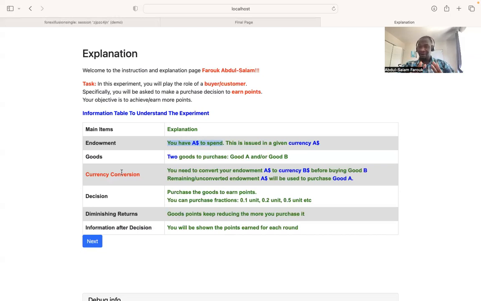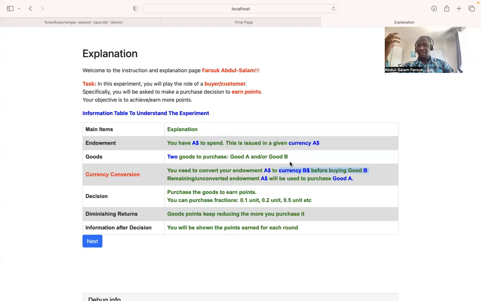Unlike the previous experiment, with this current experiment, before you purchase good B, you would have to convert your original currency, which has been issued to you in currency A, to currency B. So before you buy good B, you have to convert your currency from currency A to currency B.